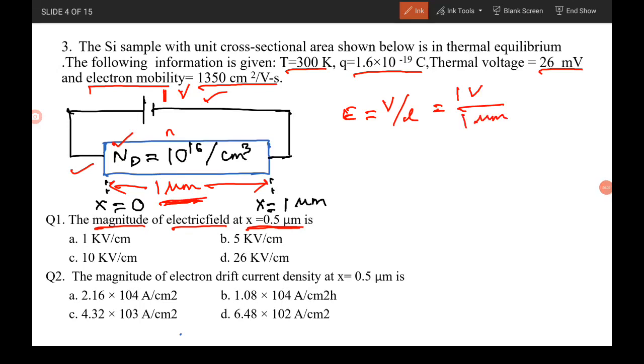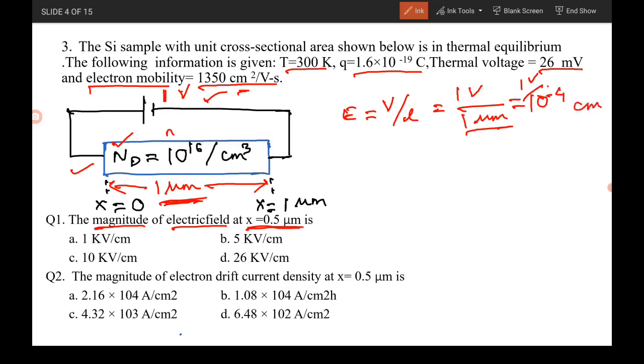So here you can see we can simplify it. If we need to find it in centimeters, because we have mobility in centimeters, we have to convert micrometer to centimeter. What we will get here? We will get 1 volt divided by 10 to the power minus 4 centimeter.